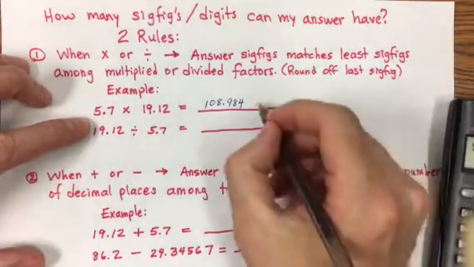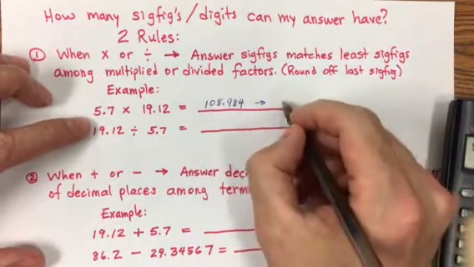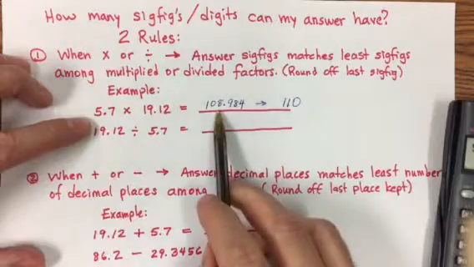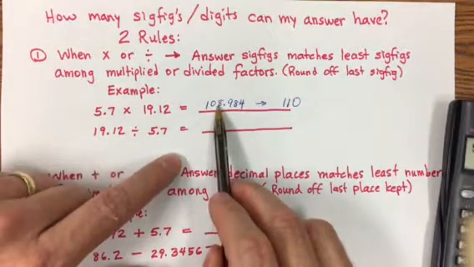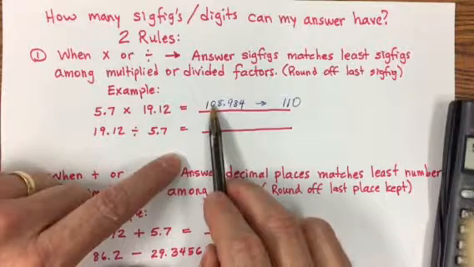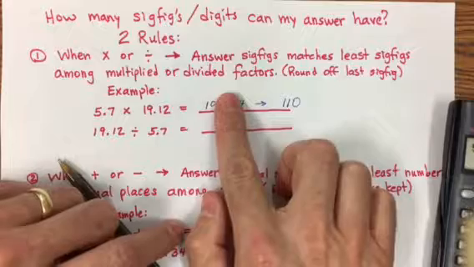The answer for that is I'm going to have to make it 110. The reason it's going to be 110 is because the 8 causes the 0 to round up to a 1. So there are my 2 significant figures.